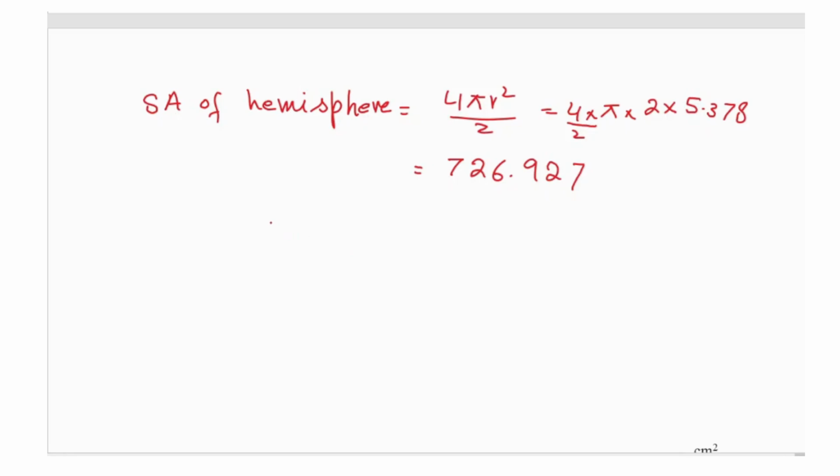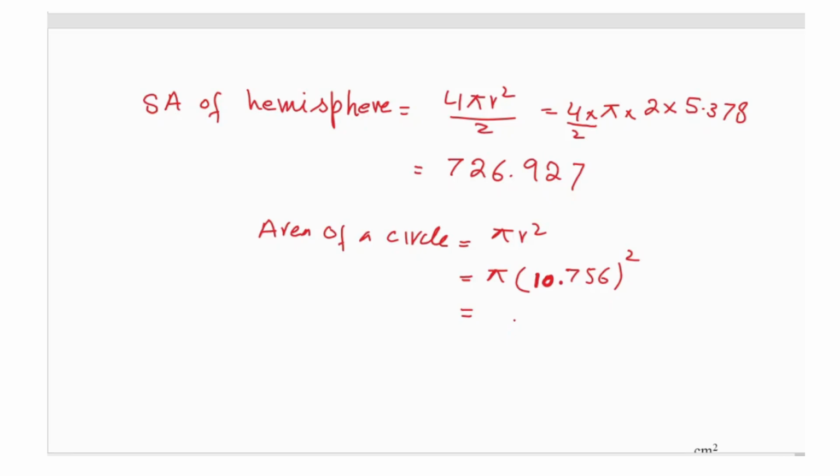Now we're going to work out the flat surface, which is the area of a circle, right? The area of a circle is equal to πr². The r value is 2 times 5.378, so we can write it down as 10.756 whole squared.